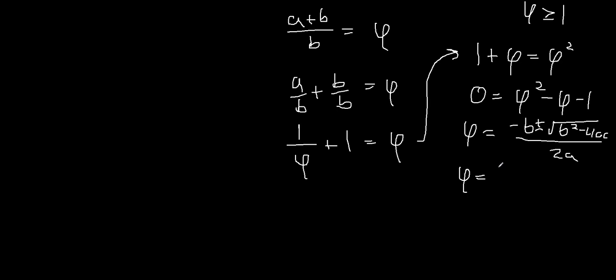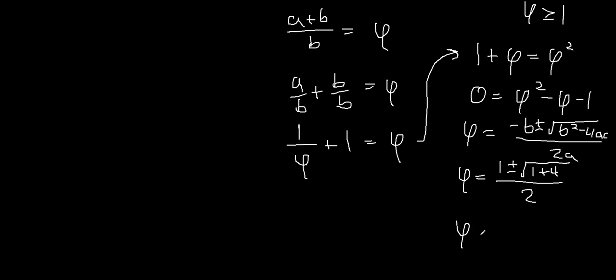So negative 1 is positive 1, plus or minus the square root of negative 1 squared is 1, minus 4 times, that's an a, 4 times 1 times negative 1, so minus 4 times negative 1 is minus negative 4, which is just positive 4, 1 plus 4, all over 2 times 1.